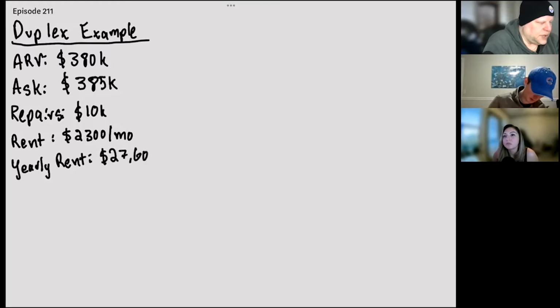So really what that means, if that's even in the vicinity of market rate rents, maybe you could rent this for a little more if it's a little nicer. Maybe the rents are a little bit on the low side, but if these are within market rate rents, that's what I'm taking. I'm taking what it's getting now, not what it potentially could get.